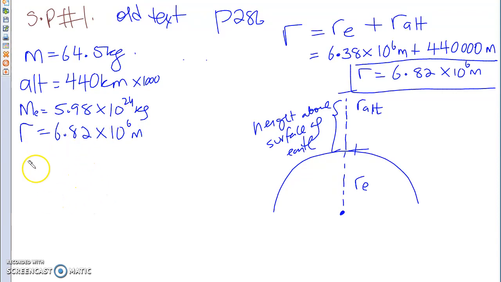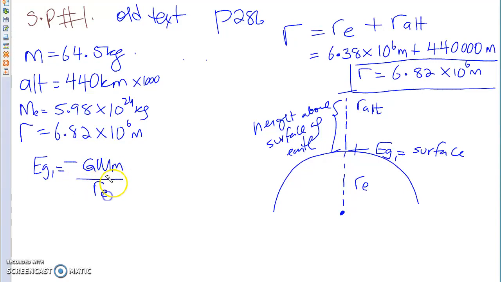Then we're going to figure out what my EG is on the surface of the planet, which we said is our maximum. This EG is EG1, and remember our formula: EG1 is negative big G, big M, little m over RE, because we're on the surface, so that's why it's RE.